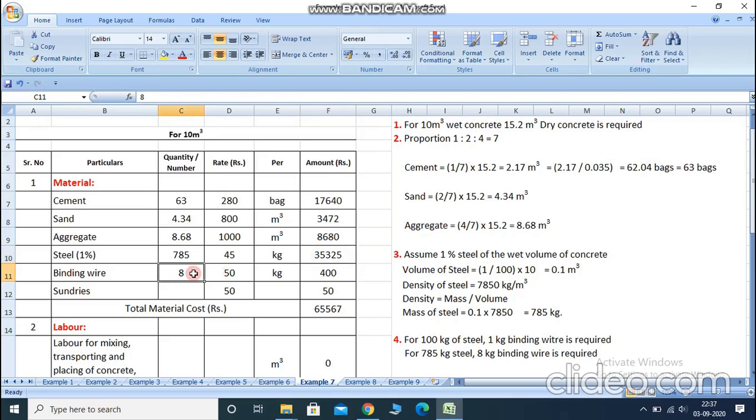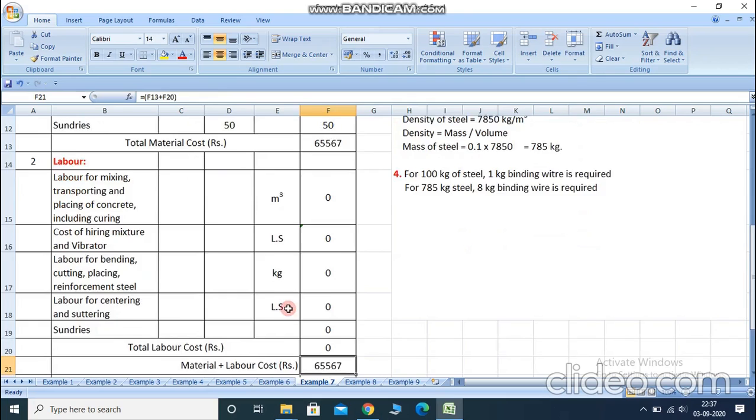And binding wire is 8 multiplied by 50, so 400 rupees. And sundries is 50 rupees, already given here. So summation of all the values, we got the answer 65,567 rupees. Now next we calculate the labor cost.